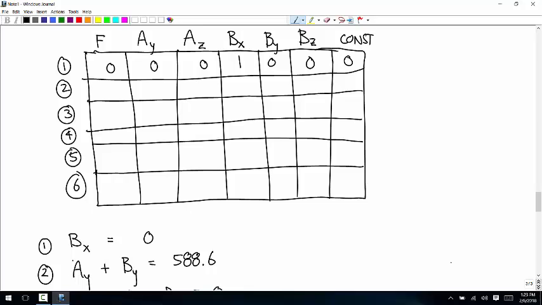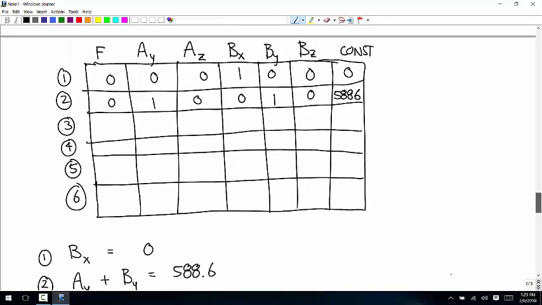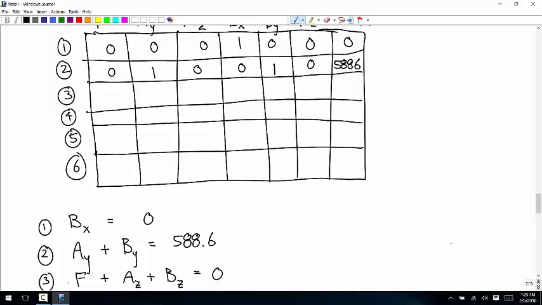Equation 2, we have one AY, one BY, and the constant is positive 588.6, and everything else is 0. Equation 3, F's, we have 1. AZ's, we have 1. BZ's, we have 1. And the constant is 0.